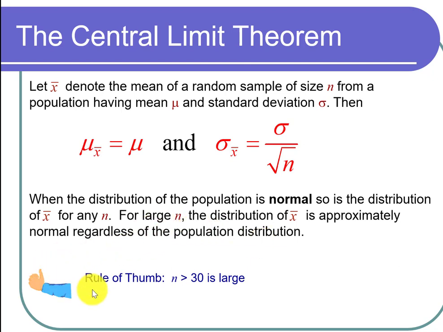Kind of the rule of thumb, what a lot of people go by, and basically it usually gives you about a decimal place of accuracy, is that if n is greater than 30, so in other words, 31 or bigger, then we're going to call n large. So this is the central limit theorem. Again, the most important theorem of all of statistics, undeniably.